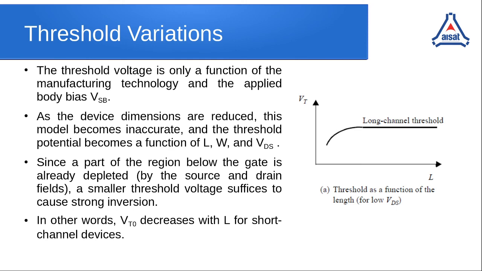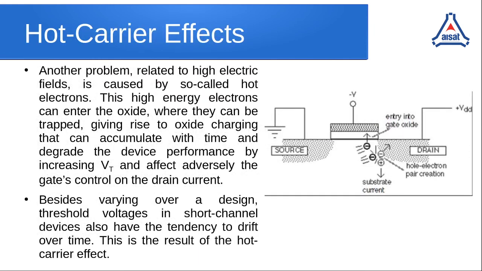Another effect due to the short channel in MOSFET is the hot carrier effect, which is different from the other effects that we have discussed until now. This problem is caused by hot electrons. Hot electrons means high energy electrons, which have that much energy so that they can enter the oxide layer.